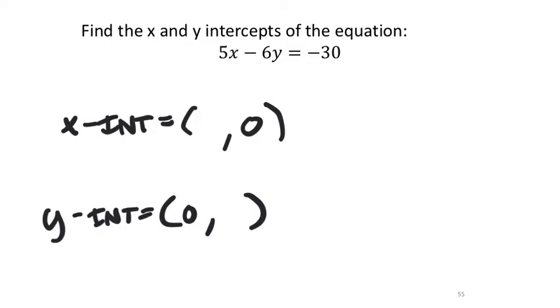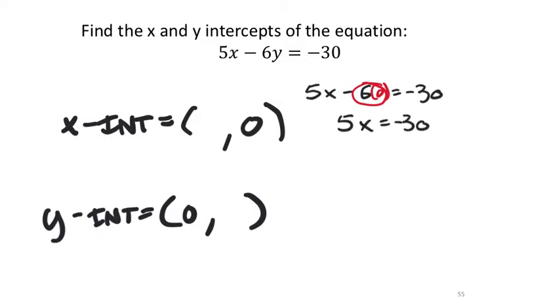Just like we saw, was it two lessons ago? But this means I got to use the equation. 5x minus 6y equals negative 30, and I got to solve this sucker. The first one I'm solving for is the x-intercept, which tells us the y value is 0. Here's the nice thing about that, right? That whole term becomes a 0. What I'm left with is just 5x equals negative 30.